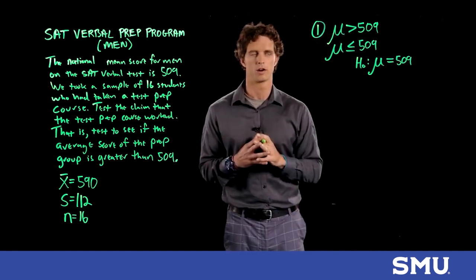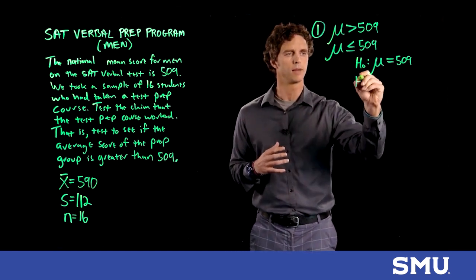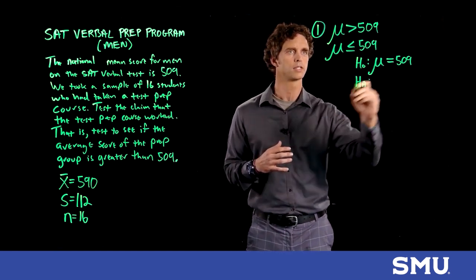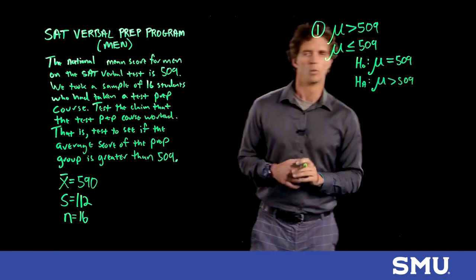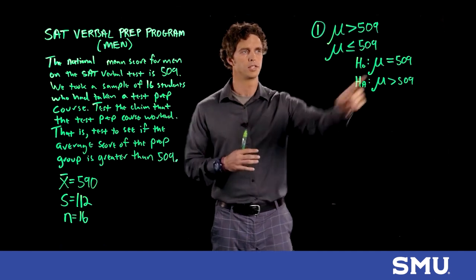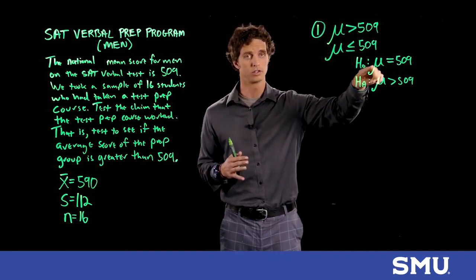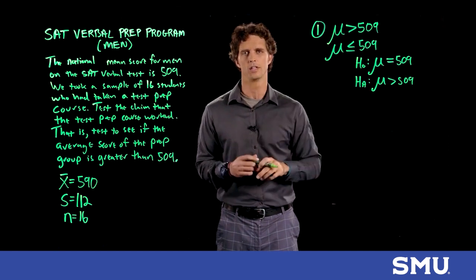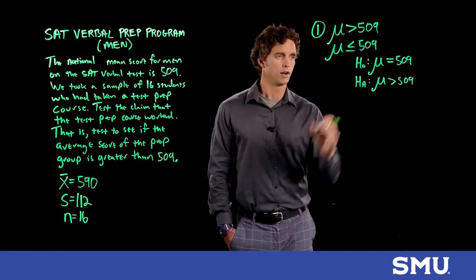And we'll see us do that a whole bunch. So H naught is mu equals 509. The direct opposite of that is our alternative hypothesis, and that is mu greater than 509. So once again, in journals and white papers, you'll see it both ways. Even though it's technically less than or equal to, we're just going to assume that mu equals 509, so that's all you'll see in the null hypothesis. So that's the alternative there.